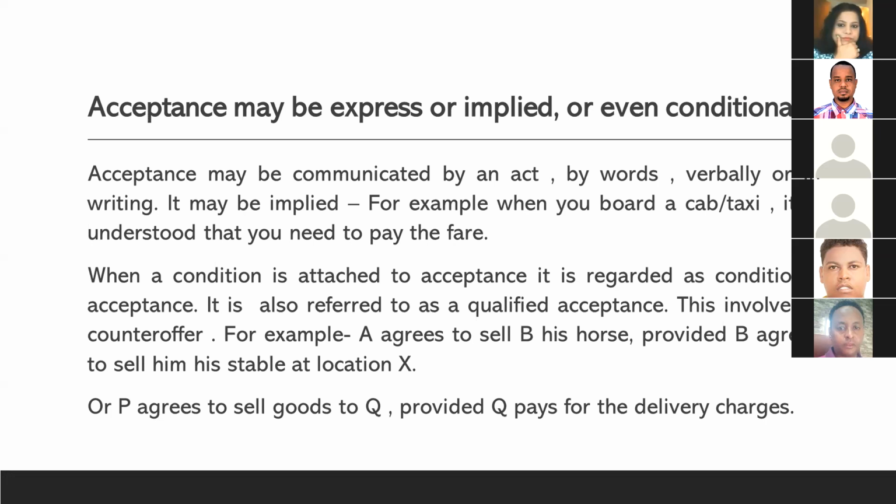Implied means it can be understood by the actions. For example, when you board a cab or a taxi, it is understood that you need to pay the fare. When a condition is attached to acceptance, it is regarded as conditional acceptance. It is also referred to as qualified acceptance. So this involves a counter offer. For example, A agrees to sell B his horse, provided B agrees to sell him his stable at location X. So there is a condition.